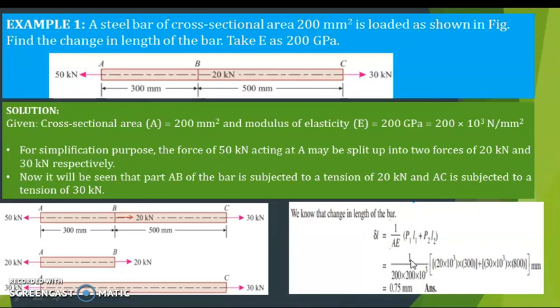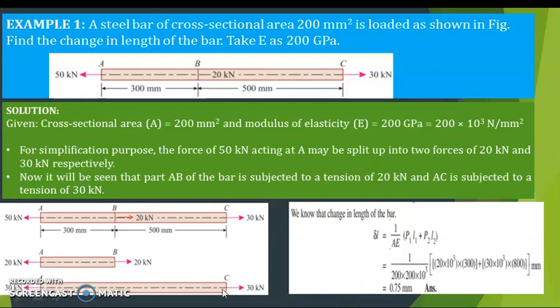So first 1 divided by A, which is 200 mm square, into E, which is 200 into 10 raised to 3. Okay, into P1. P1, the first section, is 20 into 10 raised to 3, into L1. L1 of this A to B, that length is 300 mm. Plus P2. P2 is what?